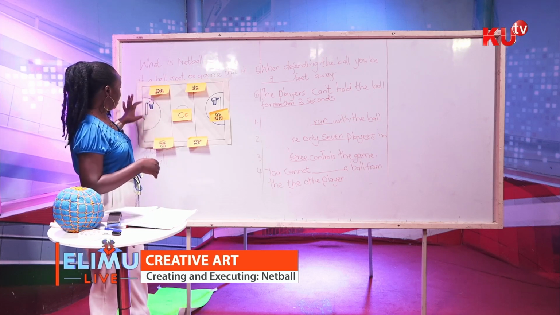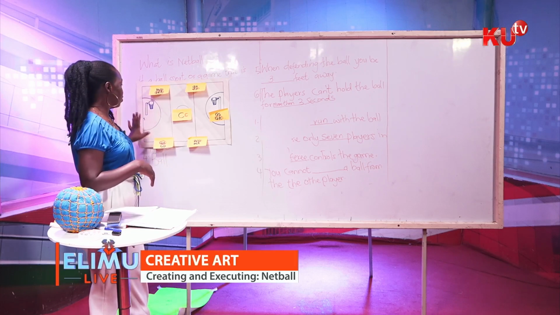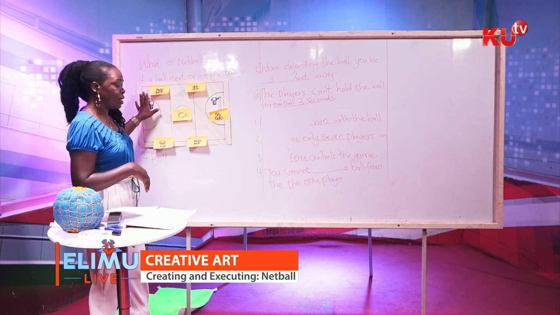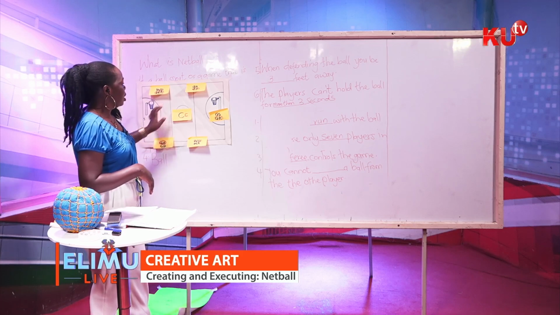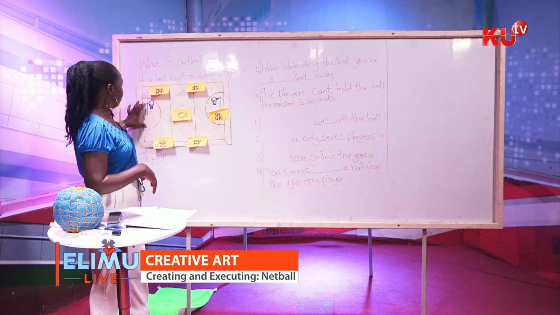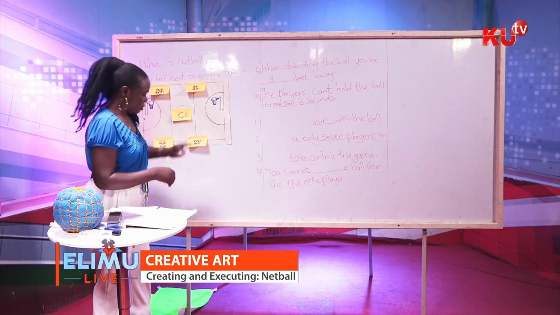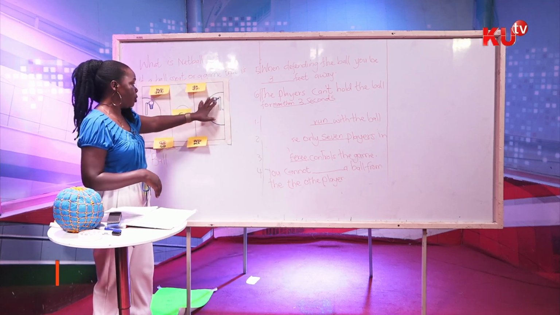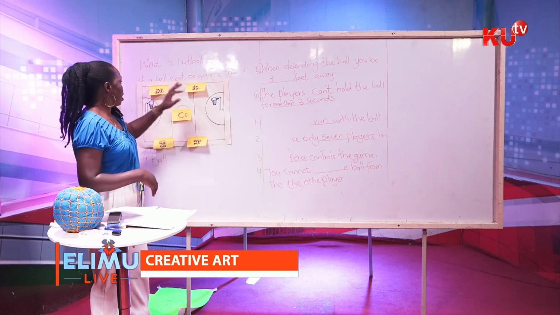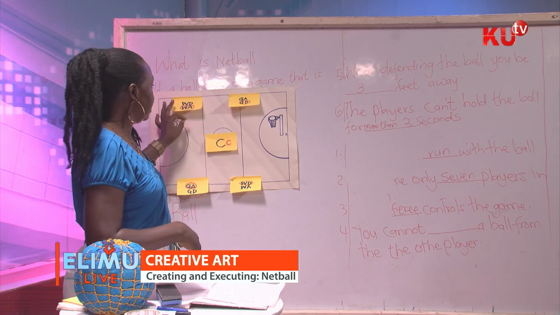Okay, and then number 1, we said number 1 is for the goal shooter and the goalkeeper. The goal shooter and the goalkeeper should not go beyond the semicircle. Number 7 is the same as number 1. We have the goal shooter and the goalkeeper still, and they are not supposed to go beyond this semicircle.